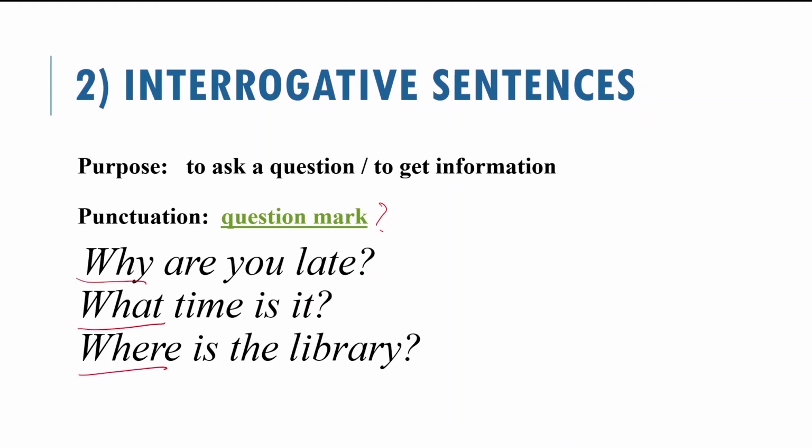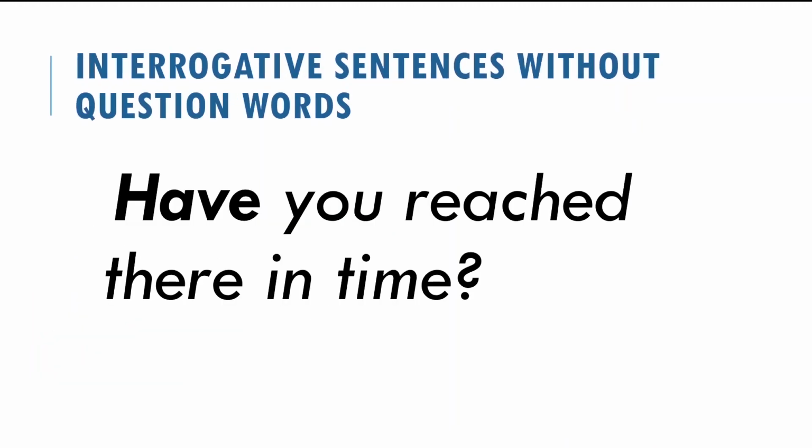Where is the library? In English, questions often begin with interrogative words like who, when, where, why, what, how. But it's not true in every case. Look at the next sentence. Have you reached there in time?